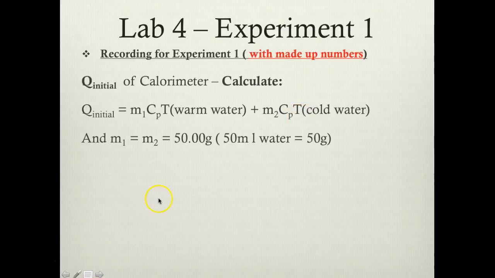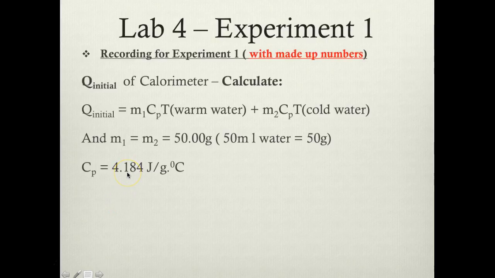The masses in both cases are 50, because you took 50 mils of the warm water and 50 mils of the room temperature water. So 50 mils of water should weigh 50 grams, because remember the density of water is a gram per mil.